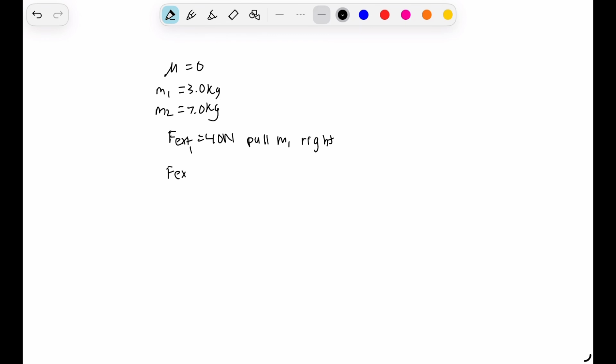Now our second external force exerts 15 newtons and pulls M2 to the left. We want to find the acceleration of the center of mass of the system.